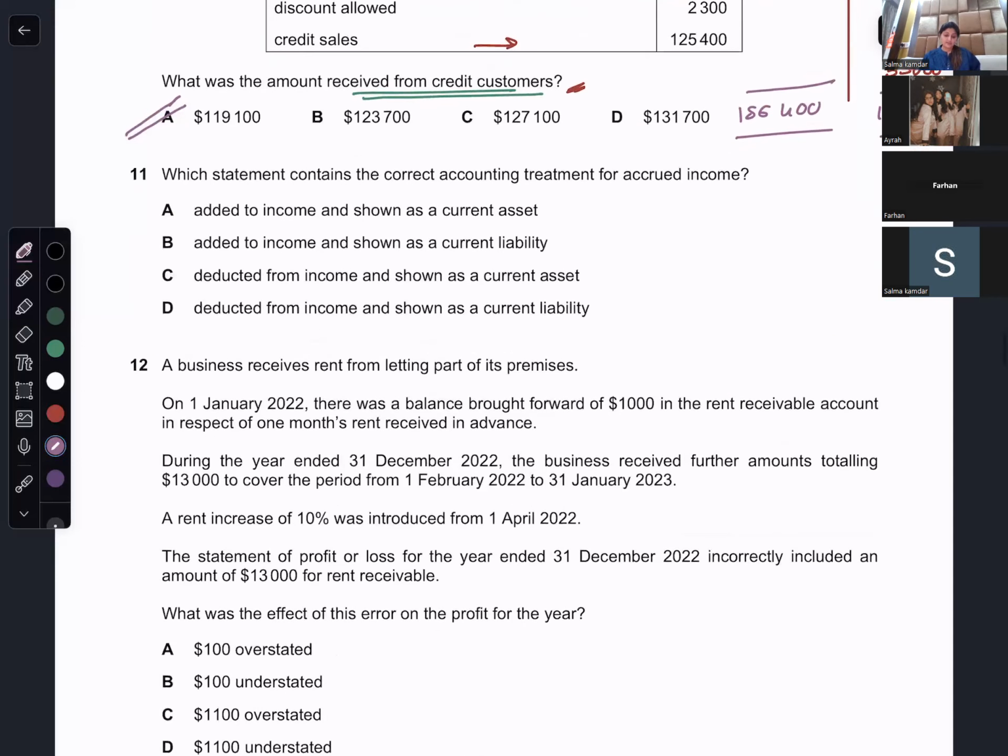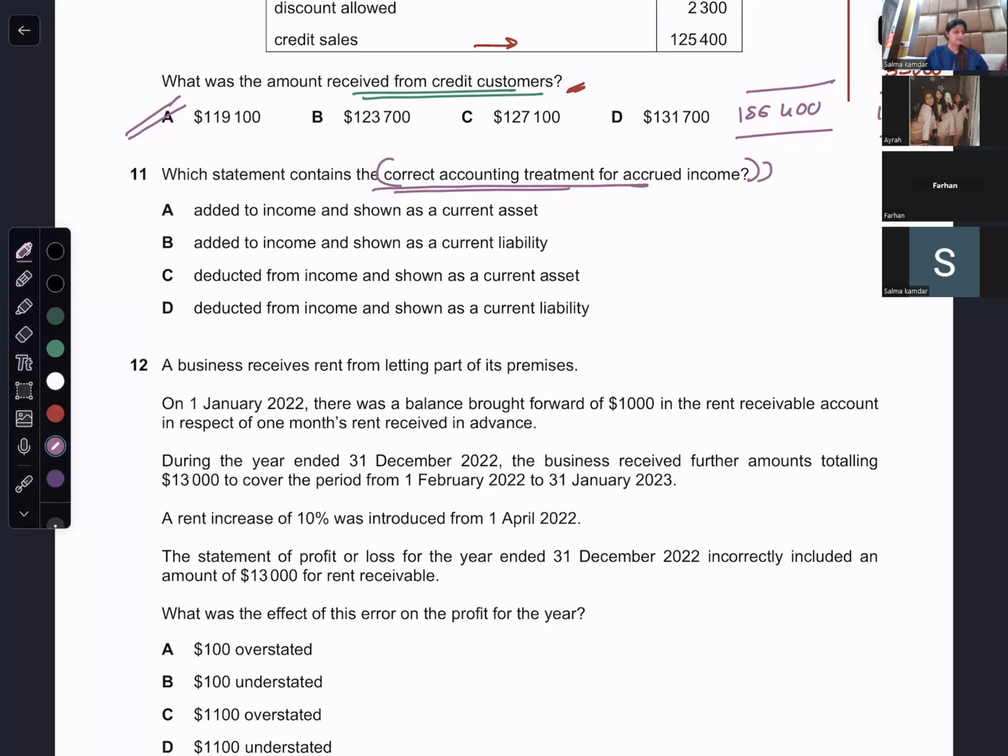Which statement contains the correct accounting treatment for accrued income? What is accrued income? Accrued income is income that you are yet to receive.